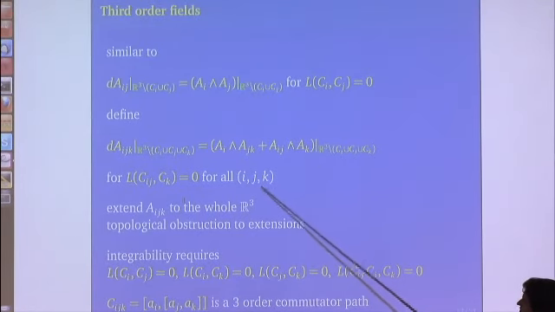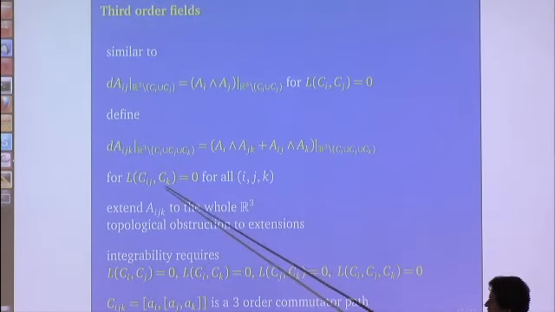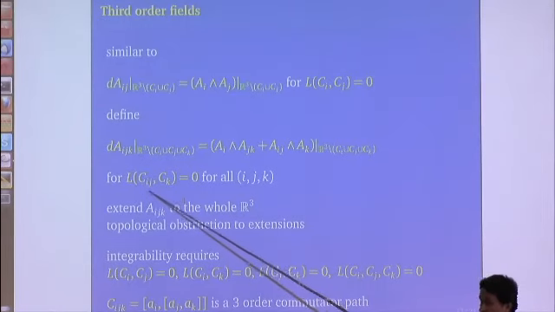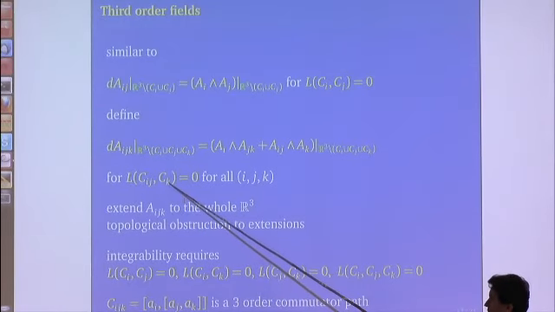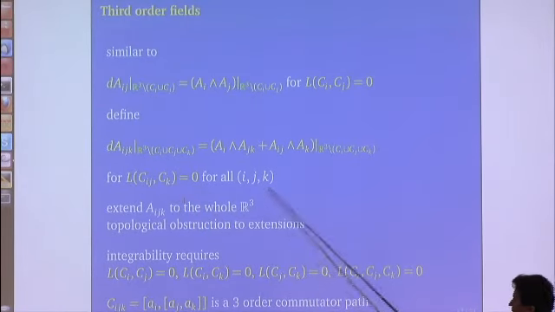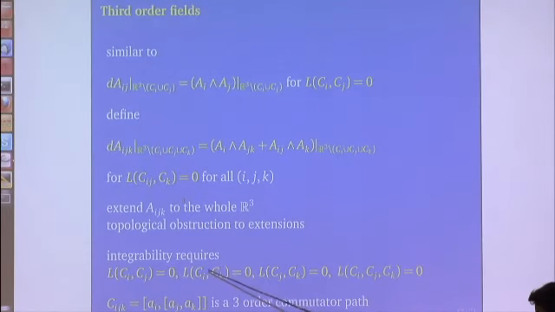And in order to define this, similar to the second order, you show that there is no link between the second order curve, now Cij, and the first order curve Ck, for all permutation choices of ijk, of course, assuming that i is not j. And then, in order to extend this to the full space, you would meet the topological obstructions of the kind that there shouldn't be any linking number, linking of the first order or the second order between the curves.